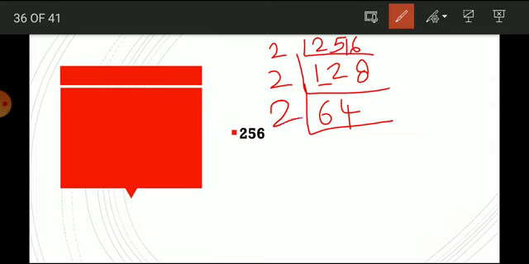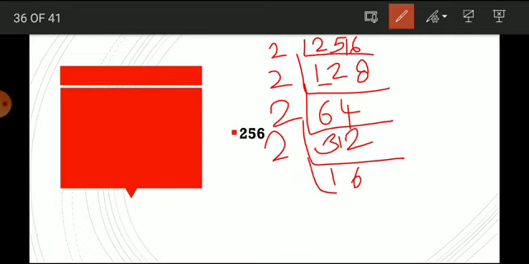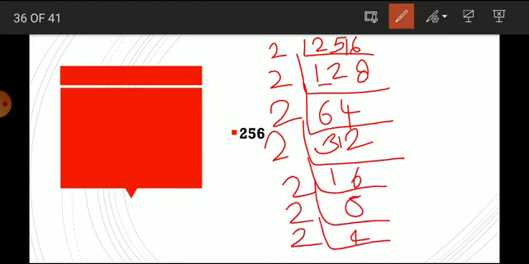Then again I will take 2 because the ones digit is an even number. So 3 2's are 6. Then 2 2's are 4. Then again I will take a 2 because the ones digit is even. Then 1 2 is 2, the remaining is 1. So 6 2's are 12. Then 8 2's are 16. Then 2 4. Then 2 2.